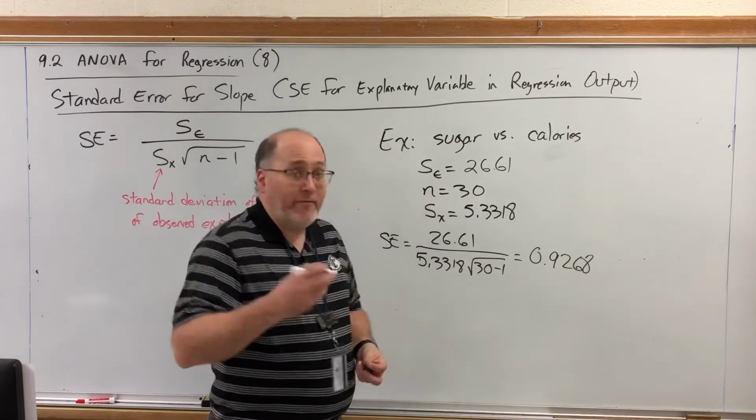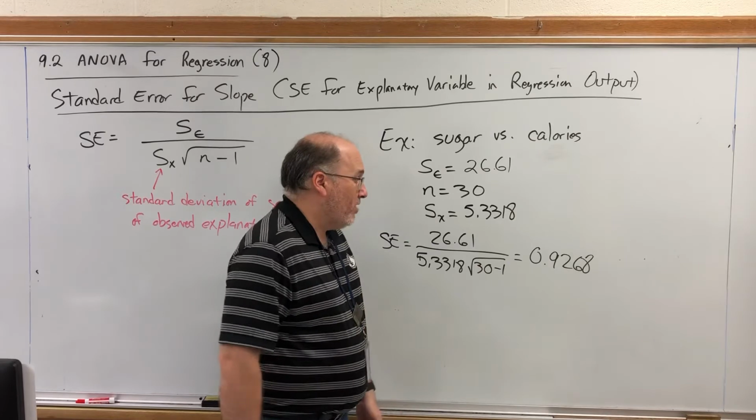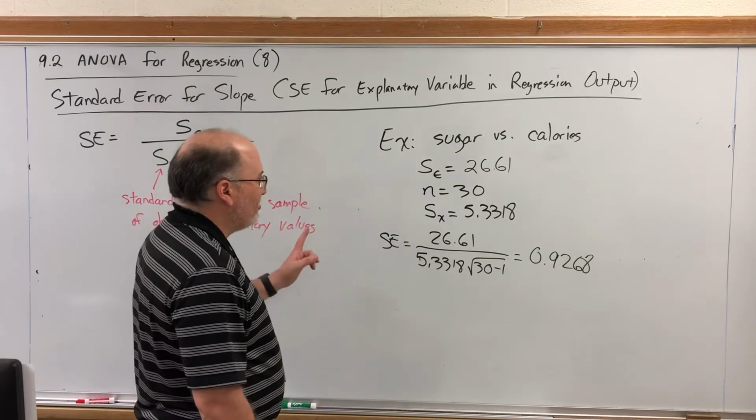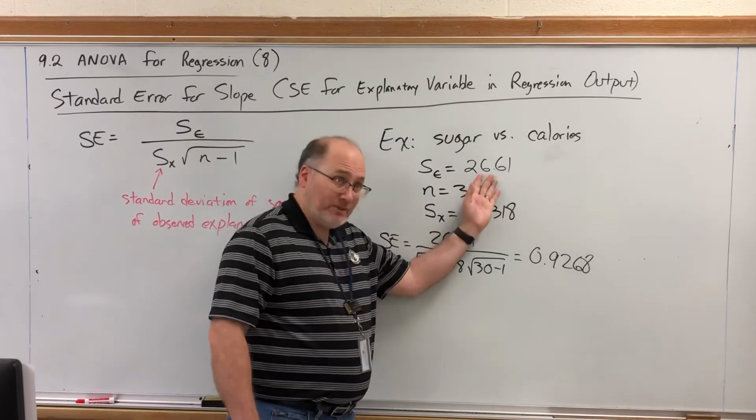Well, honestly, before I filmed this video, I wanted to figure out where the discrepancy came from. And what I found out was the discrepancy came from the fact that I used MSE equals 708.